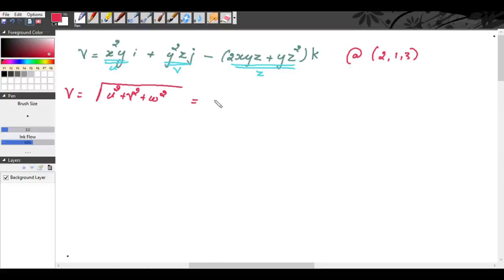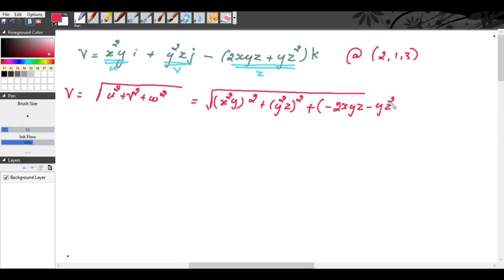So this is equal to the square root of, what is u? x square y the whole square plus y square z the whole square plus minus 2xyz minus yz square the whole square. So we will substitute the values. For x it is 2, right?